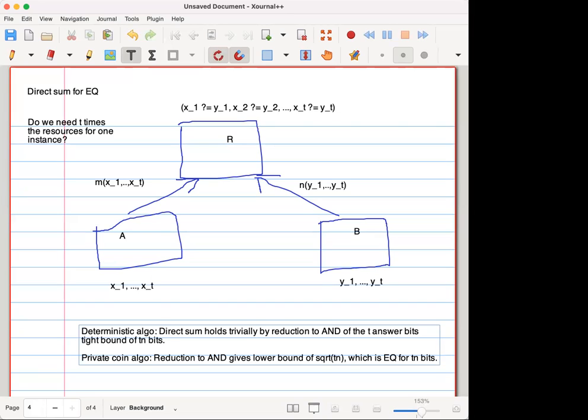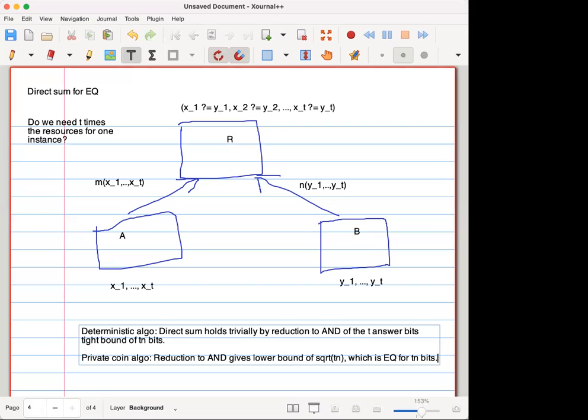But then the only thing we seem to be able to do is to repeat t instances of the private coin protocol for equality. So the upper bound that we are getting is looking like t times square root of n. In fact, it'll be a little worse, because the square root of n was an upper bound with constant probability of error.